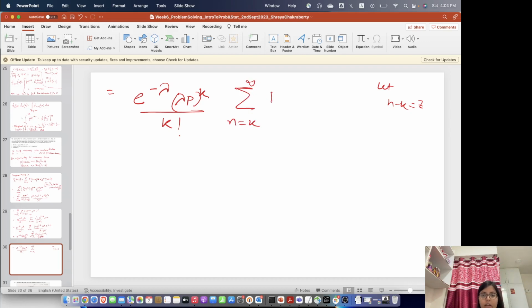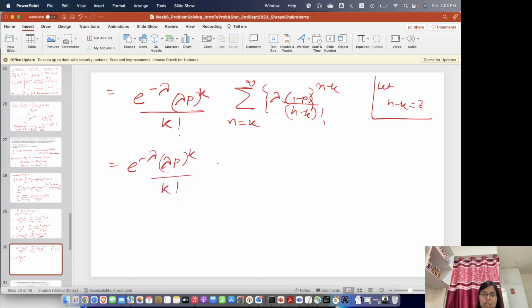I'll write it again here: lambda into 1 minus p whole to the power n minus k by n minus k factorial. This is what we had. So assuming n minus k equal to z, we'll have e to the power minus lambda p to the power k by k factorial, summation z equal to 0 to infinity, lambda 1 minus p whole to the power z by z factorial.